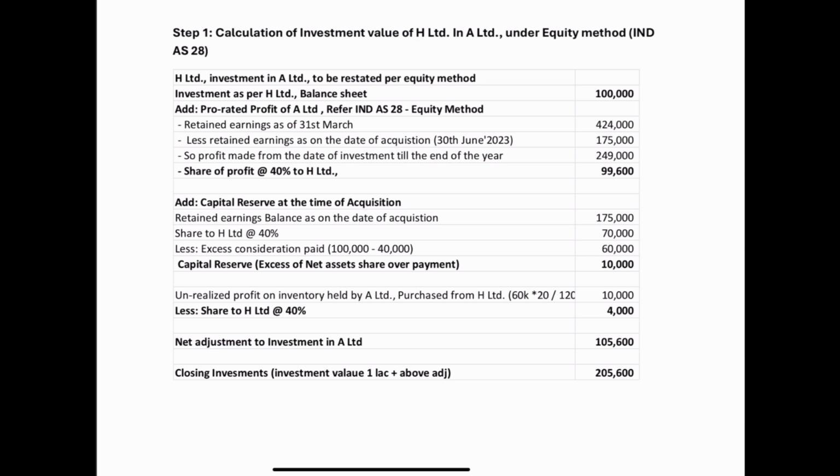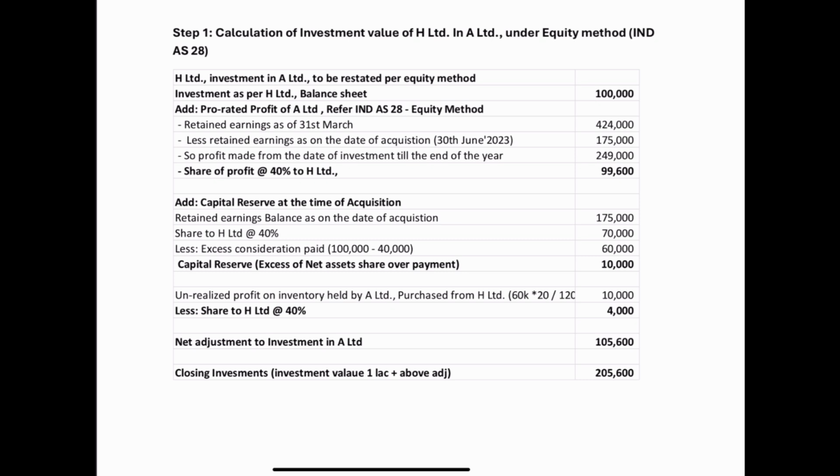Okay, so then as I told you, there is an inventory being sold by H Limited to A Limited, but that remains unsold by A Limited, which means it remains as inventory in the hands of A Limited. So any profit on those inventory, generally as part of consolidation, needs to be eliminated. So the inventory value is 60,000, and that's sold at cost plus 20%.